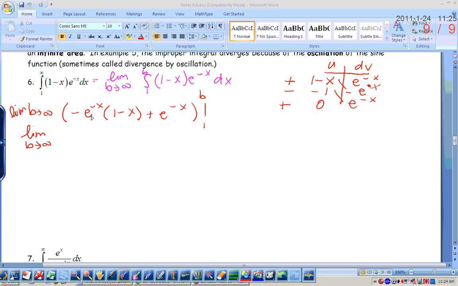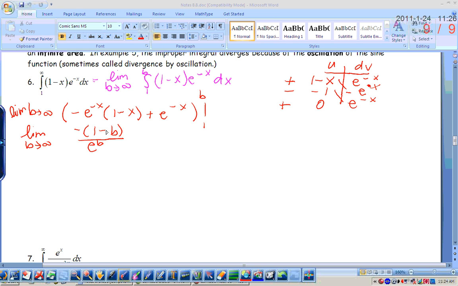Okay, if I plug in my b's, y'all okay with negative 1 minus b over e to the b?